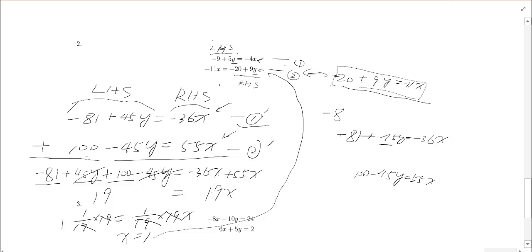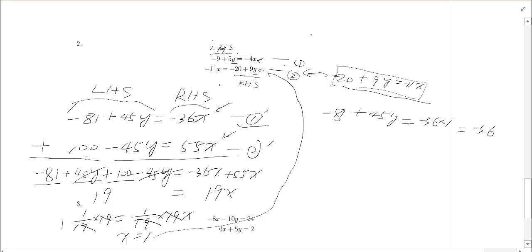So it says minus 81 plus 45y equal what? Plug x in, x equal to 1, so minus 36 times 1 equals minus 36. So basically, let me erase those. Okay. So basically you get this equation, right? So you can solve y immediately. So it's minus 81.